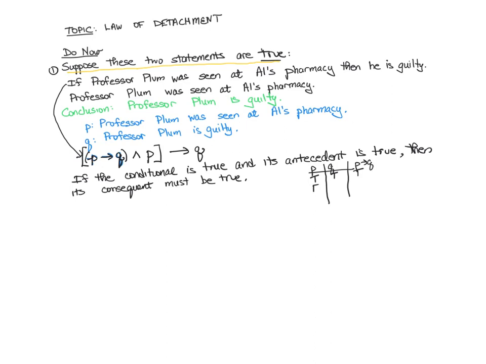When we have if false, then false. And if we have if false, then true. And note that if we had if true, then false, the conditional would be false. So if the conditional is true and its antecedent is true at the same time, then the consequent must be true. So it makes sense.